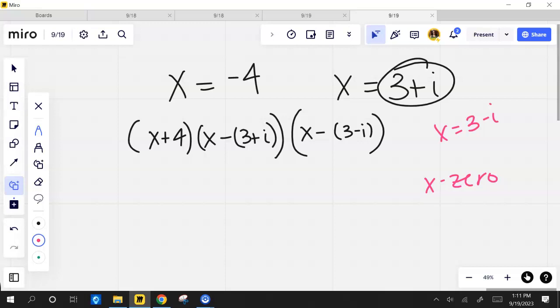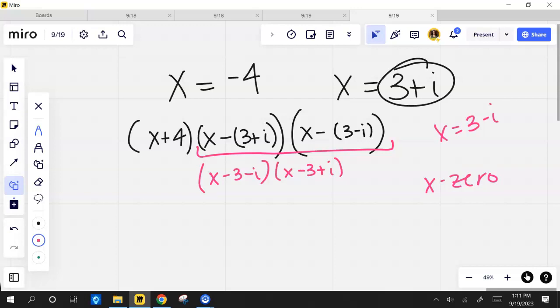So now you've got 2 trinomials multiplied together on that one. Okay, yep, multiply. But you can't multiply more than 2 at a time. So I would multiply these 2 first. This is actually x minus 3 minus i times x minus 3 plus i.